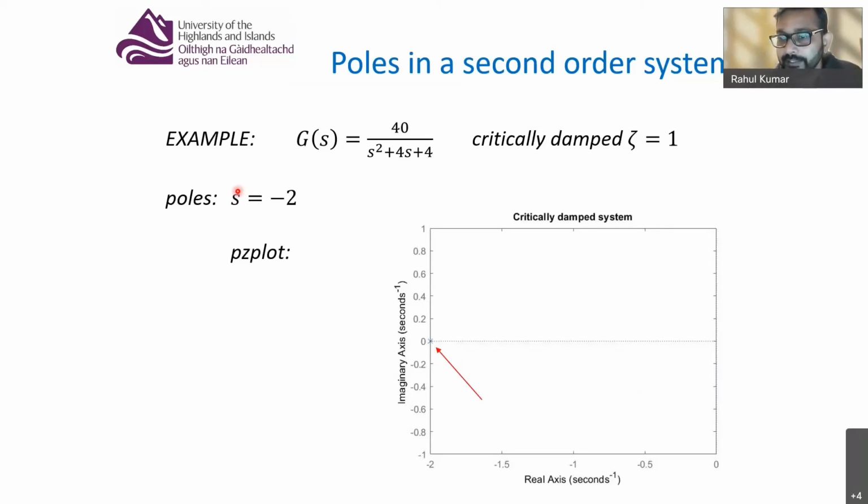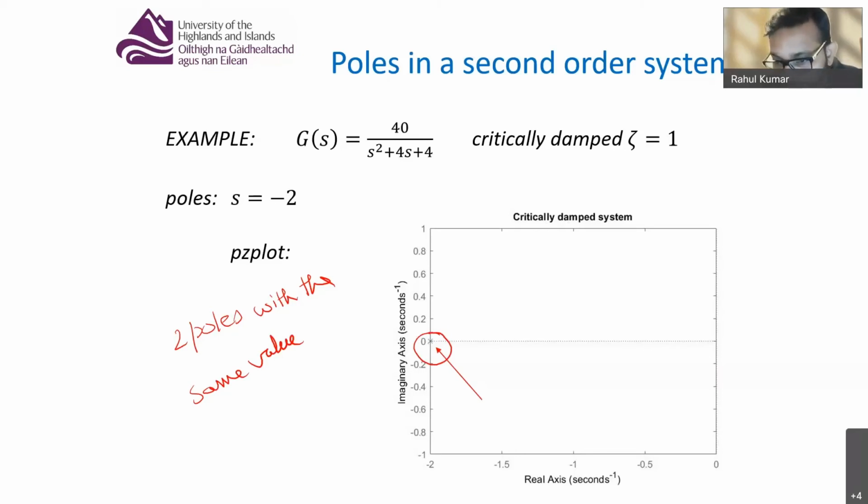So for a critically damped system, we have two poles with the same value, and that is why in the pole-zero plot, they both overlap.